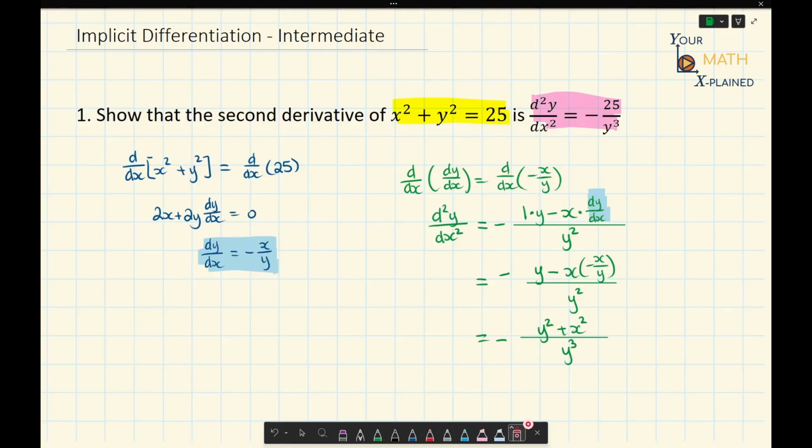And now the final part is our numerator is x squared plus y squared. But notice that x squared plus y squared is just 25. So again, we can do another substitution here, which means our final answer is going to be negative 25 over y cubed. And that is exactly what we're trying to show.